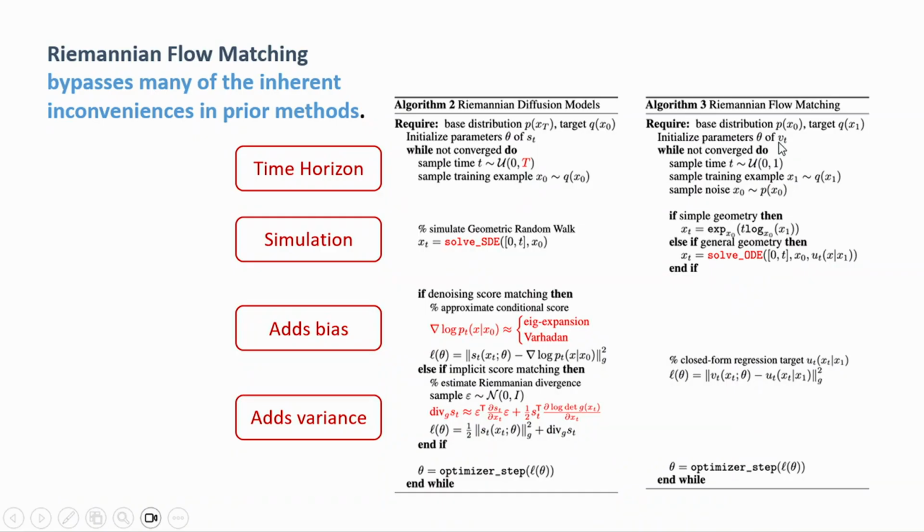Instead, in flow matching, we basically don't change anything, right? It's exactly the same as Euclidean flow matching. The only difference is that when we sample the training example X and noise, we do a slightly different interpolation.